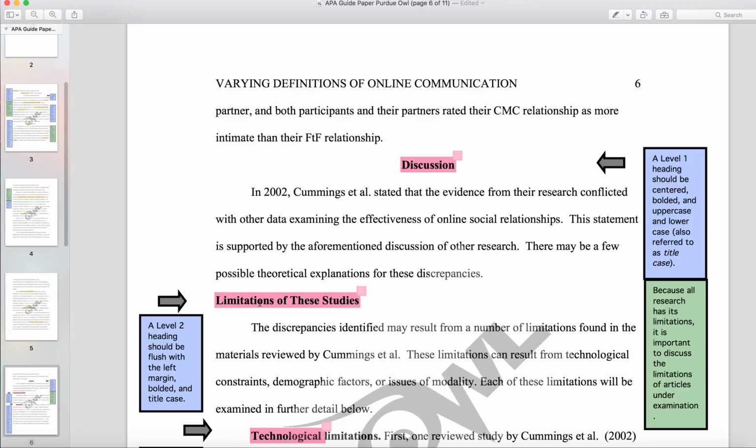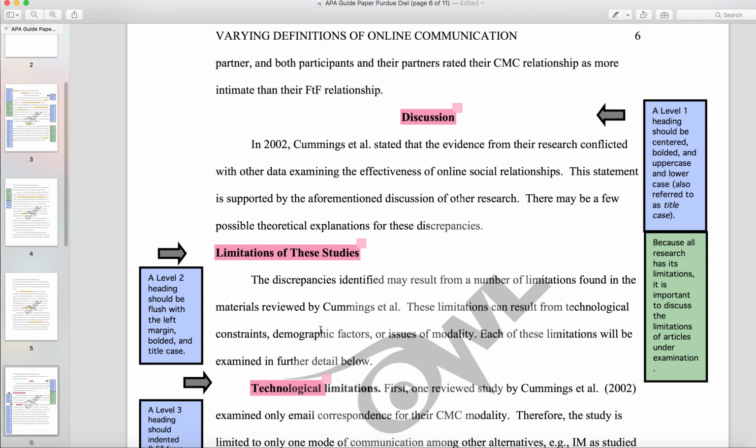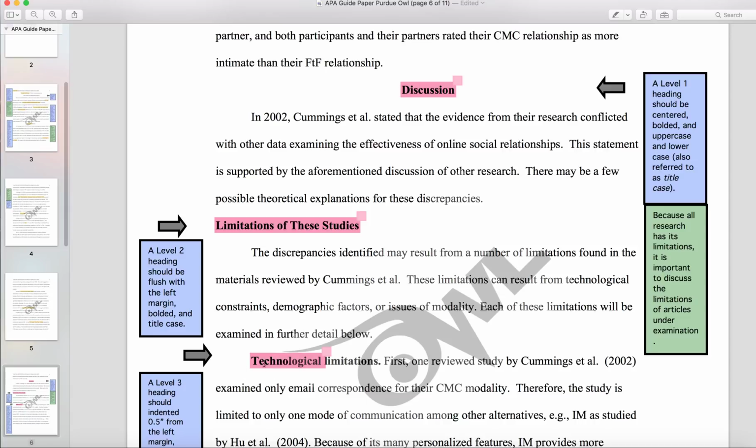But say you're using different studies or you're going over a certain subject and all of a sudden you change gears, you can put that over here. This is, I guess, what they mean by a level 2 heading. And then the paper isn't really long enough to have level 3 headings, so you don't really need to worry about that.